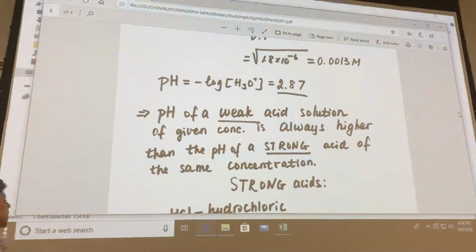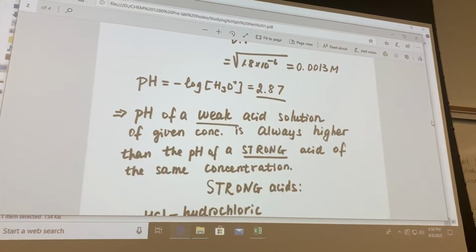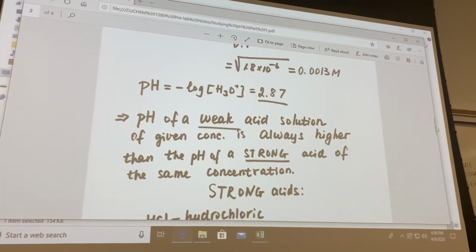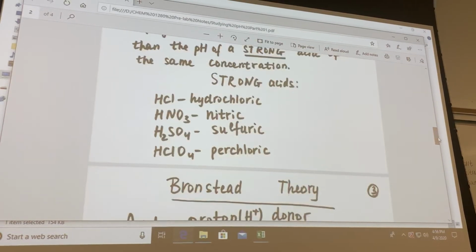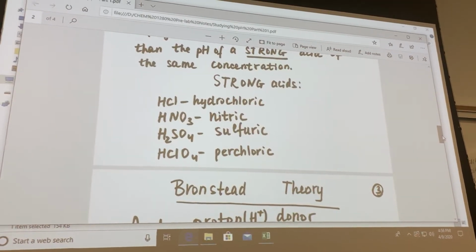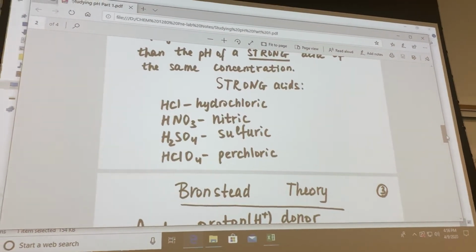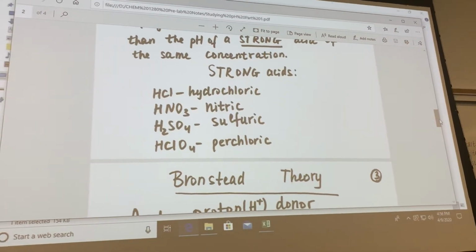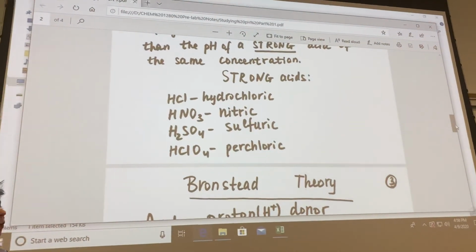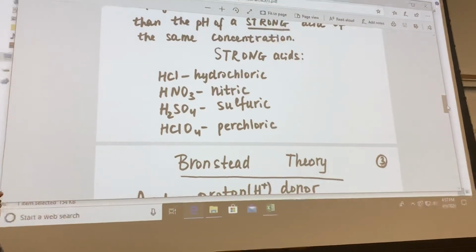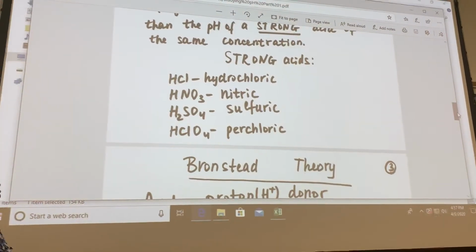And what I did here is I gave you a short list, which if you memorize will help you down the road for organic chemistry, for biochemistry, for any kind of chemistry courses you take. I only included 4, so it's not that hard to memorize. So these are truly strong acids.